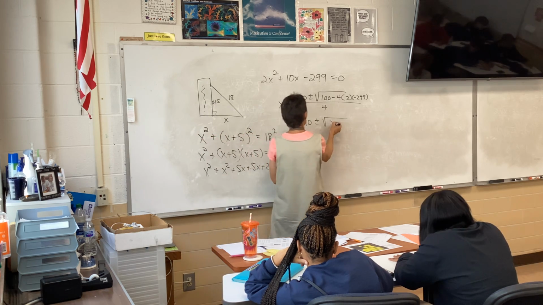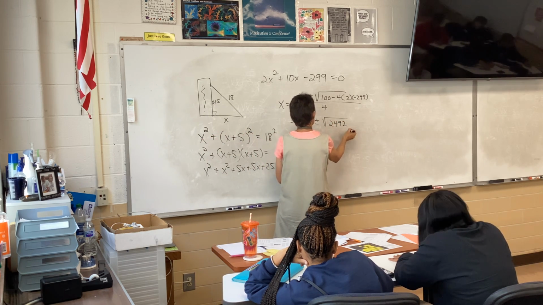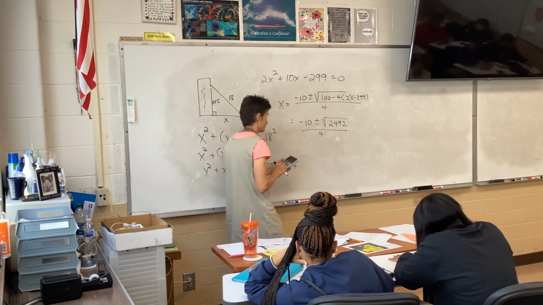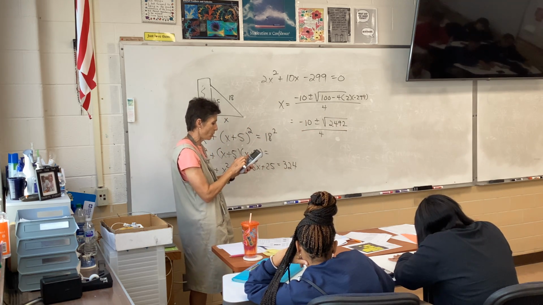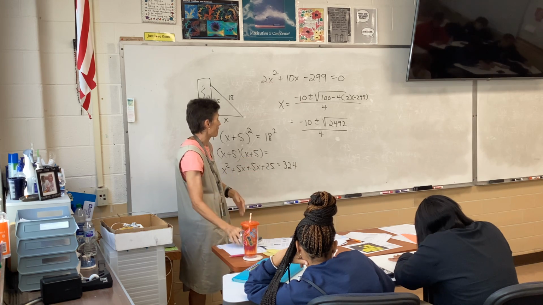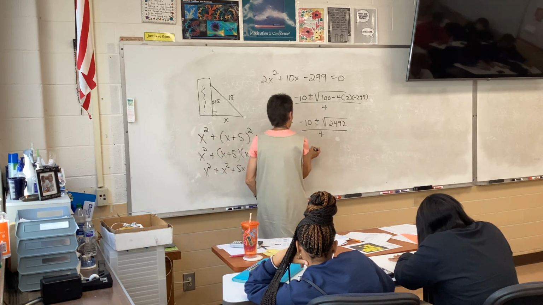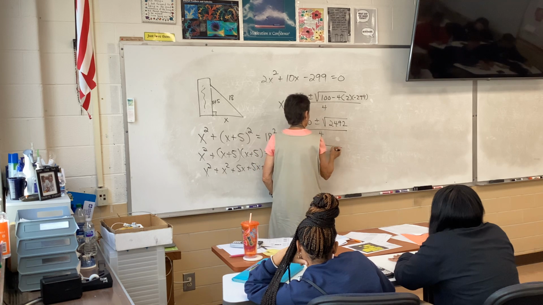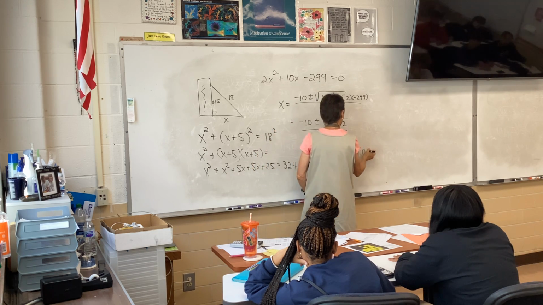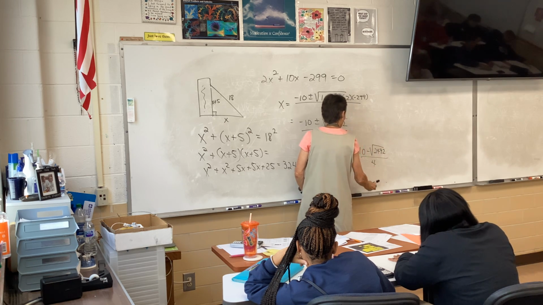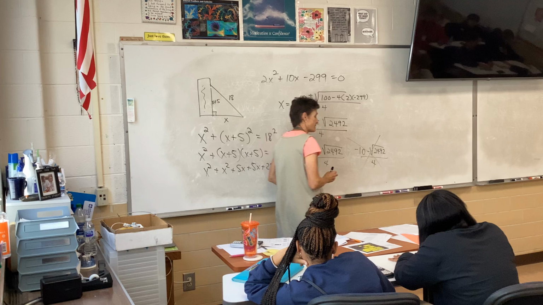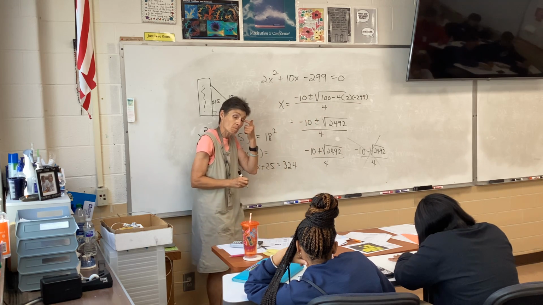I got 2492 under there. Is that by any chance a perfect square? No. I'm gonna rule this one out and say that's extraneous.